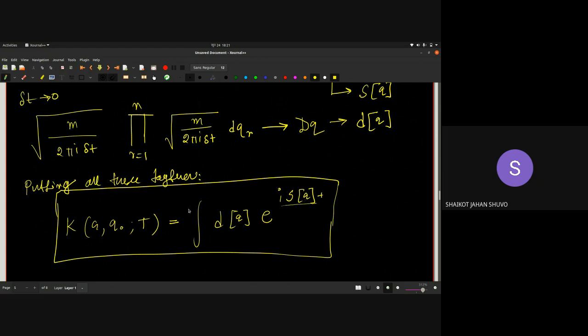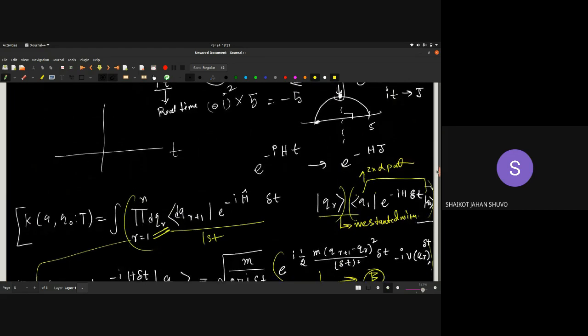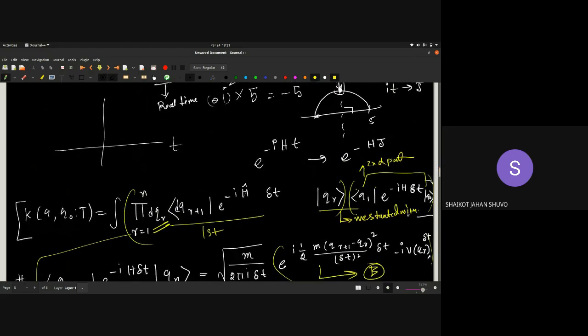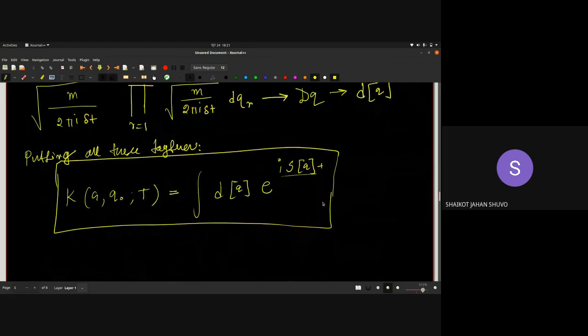But the kernel itself, from this perspective, is an operator expression. So this is the genius of Feynman. He invented this method that takes in classical variables and spits out something quantum, that has an operator expression.